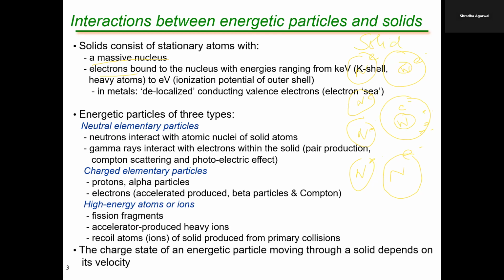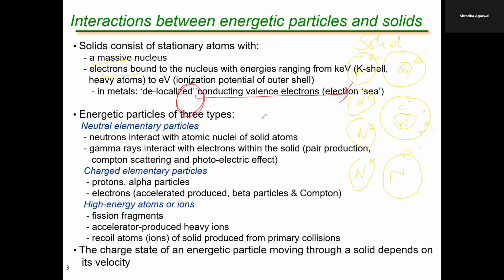Now, on this solid, we are studying today radiation effects in solid. So we are bringing some kind of energetic particle into the solid. This energetic particle could be any element from the periodic table. Now, when it comes in, what do you think the interaction will be?